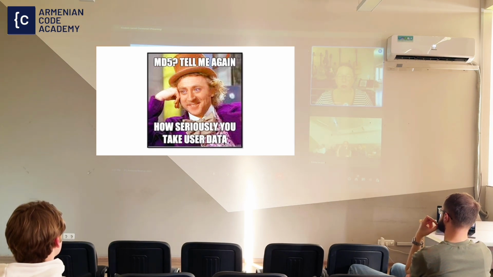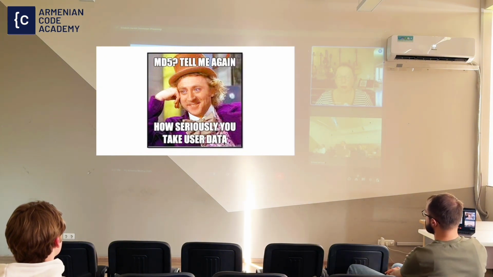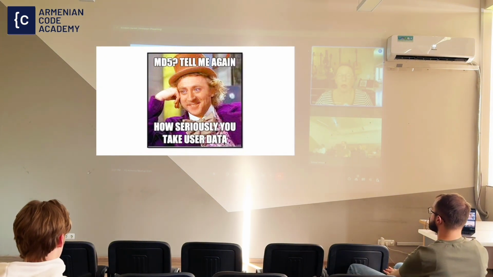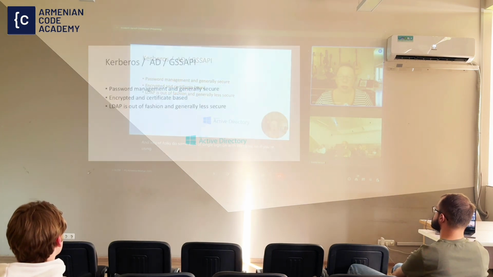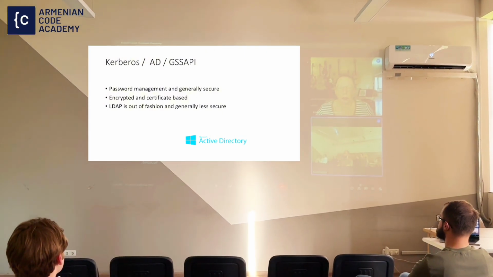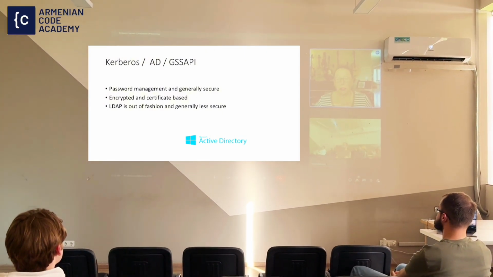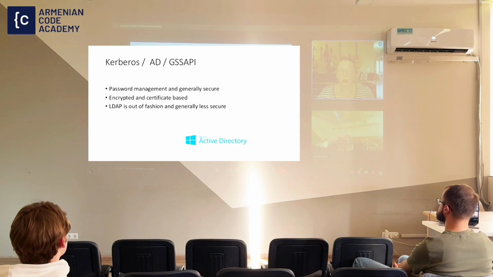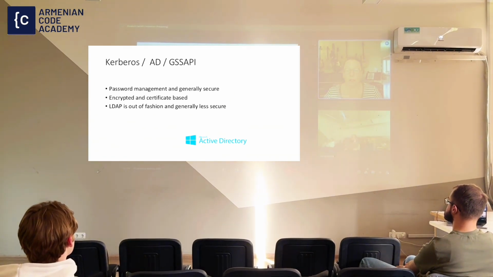And lots of folks do some kind of single sign-on with Postgres. So if you're using Active Directory or something else, most people are super secure. There's lots of encryption happening, especially if you're using the modern versions of this.